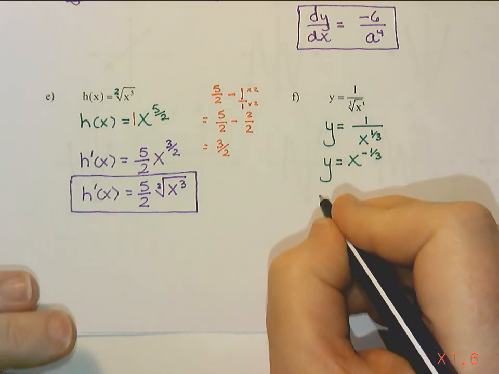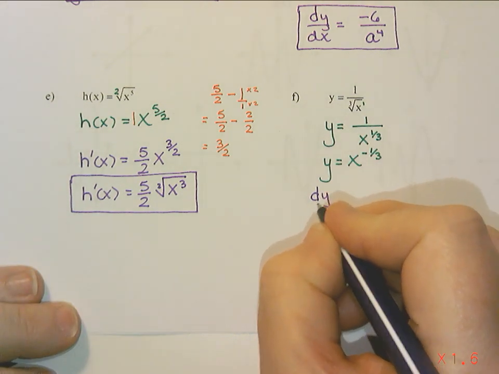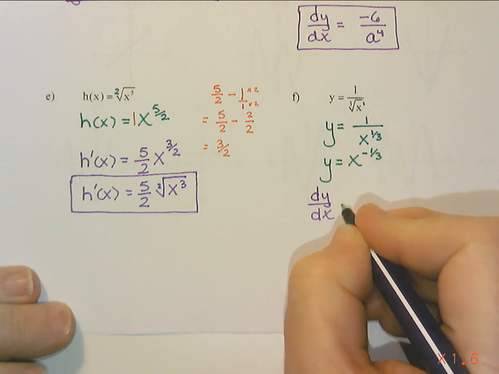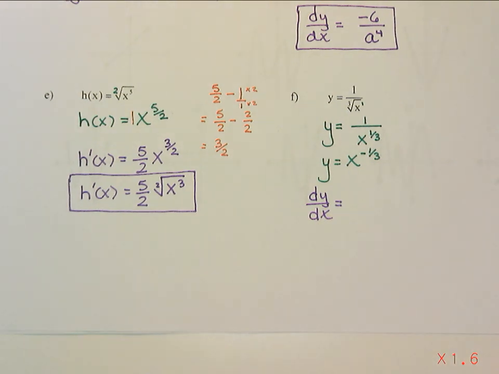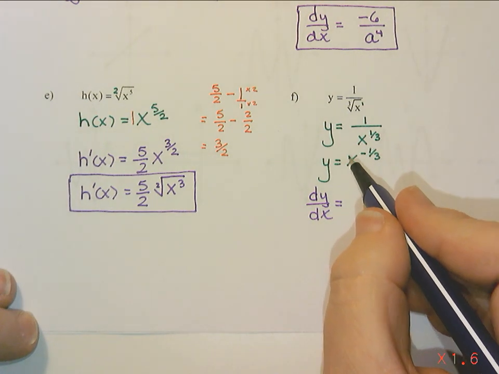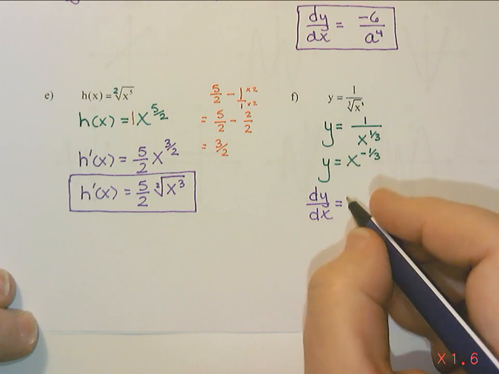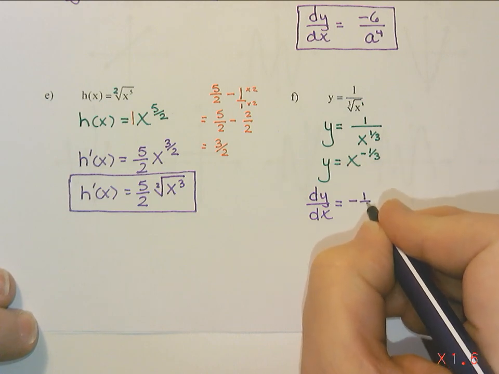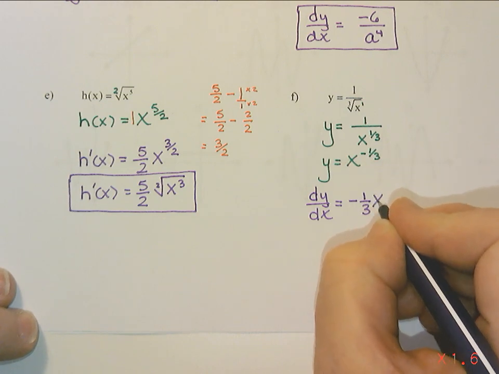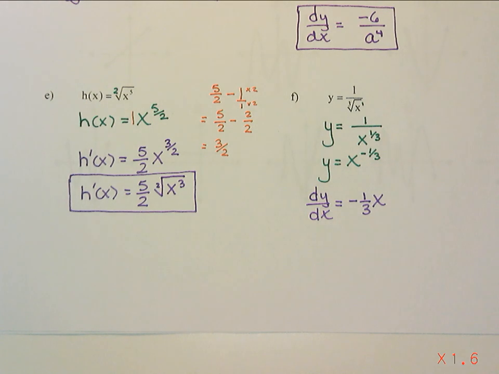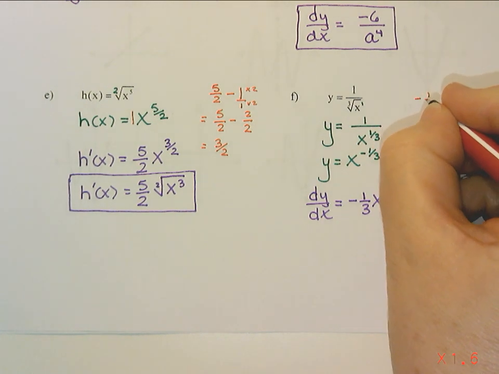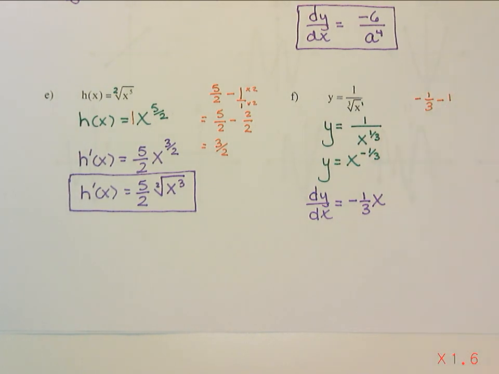All right, so we are going to take the derivative. So I'm going to do dy by dx. You could do y prime if you really wanted to. We're going to take our exponent times our coefficient, which is a secret 1. So I'm going to get -1/3. And then x to the power of, I need to do -1/3, take away 1.